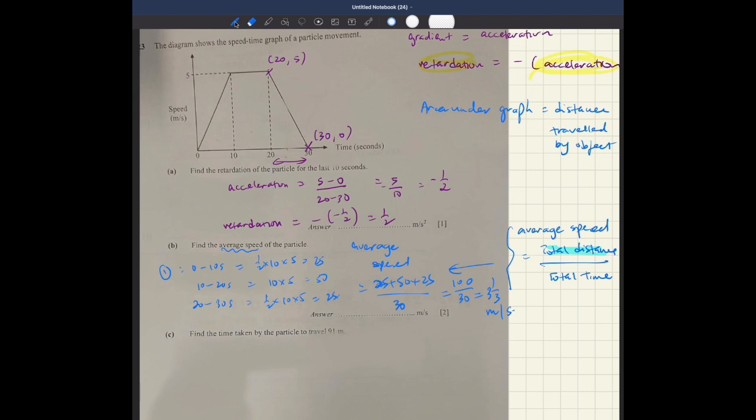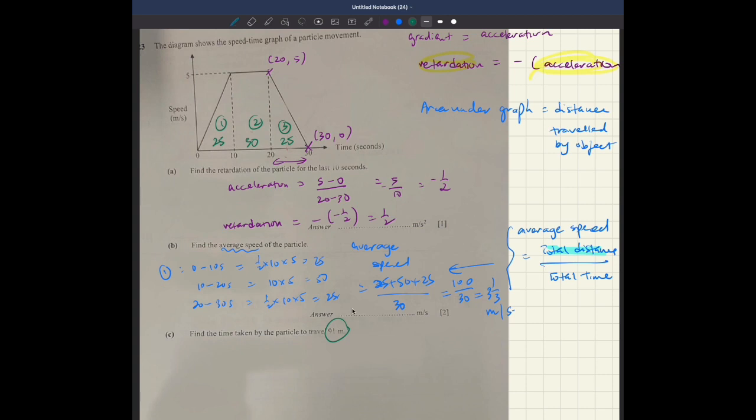Okay. Then for the third part, they say find the time taken for the particle to travel 91 meters. So just now earlier we have divided, this is first part, second part, and third part. And we know that there's 25 meters traveled by the object here, 50 here and 25 here. So then we have to locate this 91 meters.